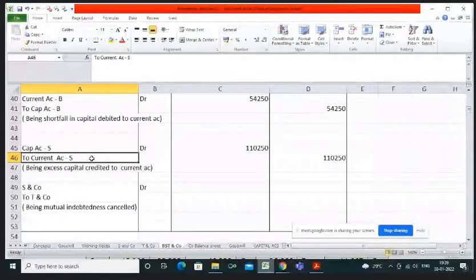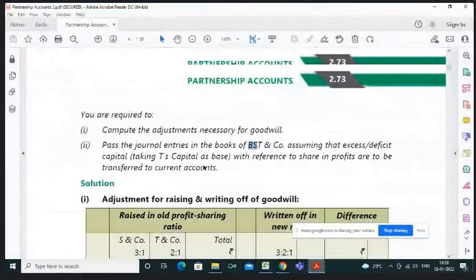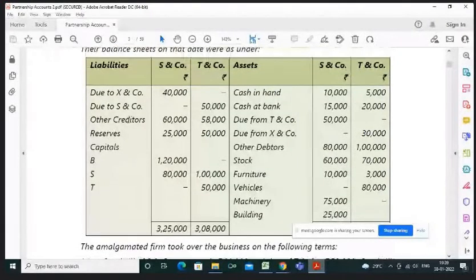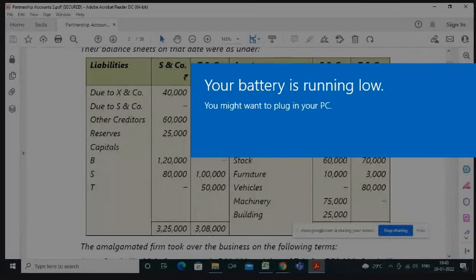And there is a mutual indebtedness. When you look at the balance sheet at the time of first trading itself, we saw that there is a mutual indebtedness. Both S and T now become one firm, but when they were two different firms, T had a liability of 50,000 and S had an asset of 50,000.